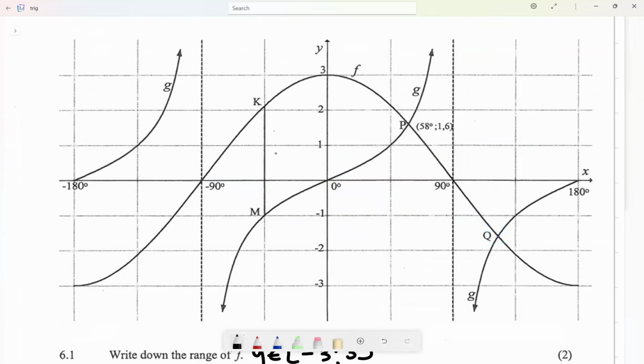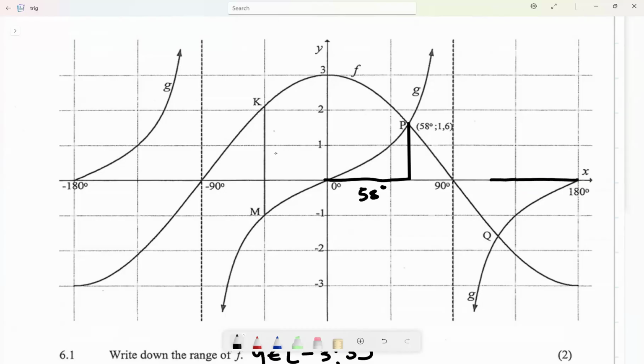Just say from 0 to this point, how much is the distance? Can you see? From 0 to that one, the distance is 58. So it means also from that point, don't say from this point to that point. No, rather in this case, you'll start from 180.